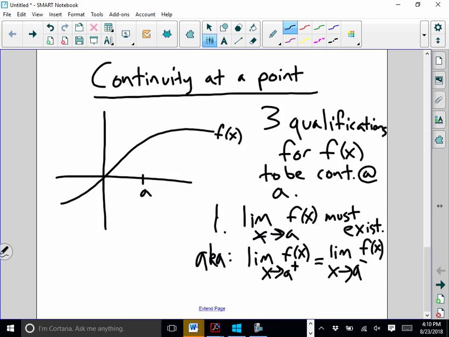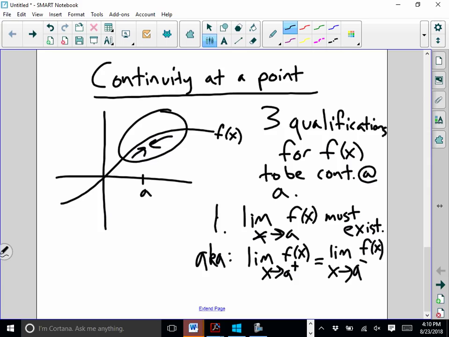When we're working with piecewise functions, which we'll be doing shortly in this video, to make sure a limit exists, we must check both the right-hand limit and the left-hand limit. You can see in our picture here that both the right-hand limit and the left-hand limit at a are approaching the same y value. So that's step one. The limit must exist.